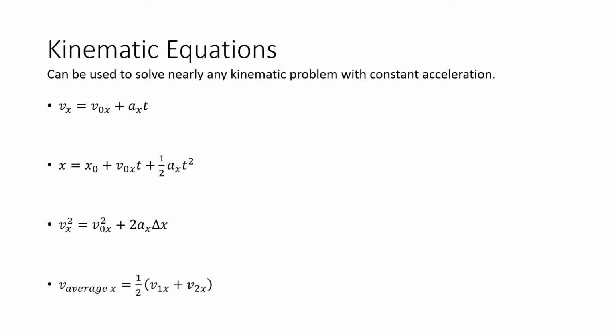What is in it is velocity, acceleration, and time. There's 4 variables. So if you have at least 3 of those 4, you can find the fourth one.